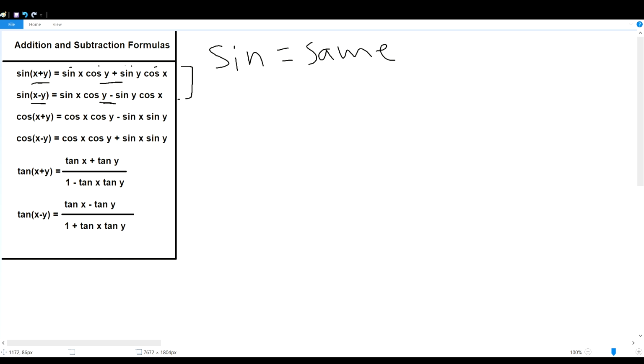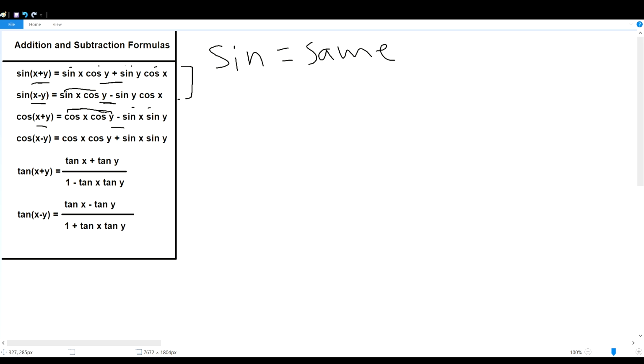Now, if you have cosine, cosine is a little different. You still have cosine of x, cosine of y, sine of x, sine of y. So instead of opposites, like over here, you have the same ones over here. And then you have a plus sign over here, but you have an opposite minus sign over here.